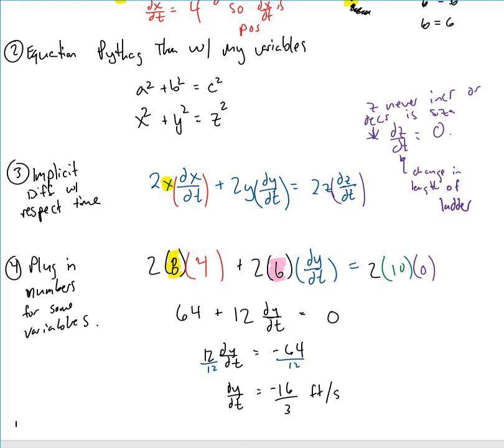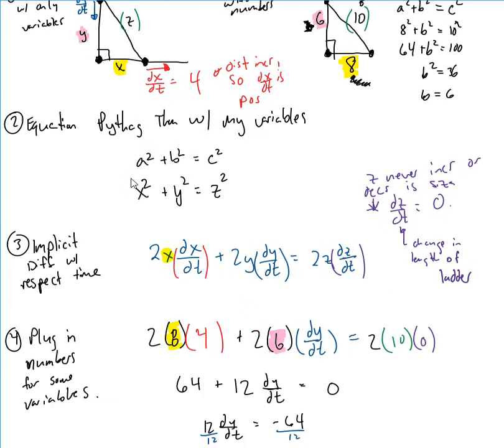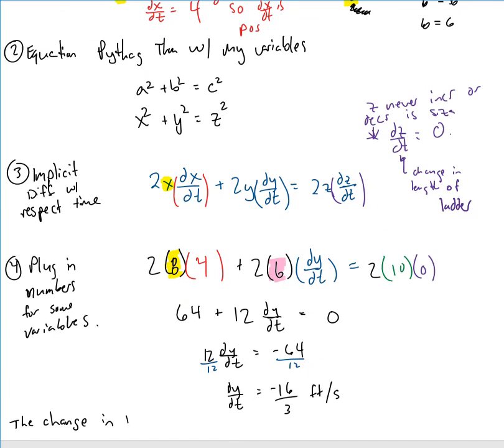So we have the change in y, we could say the vertical length. So the change in the vertical length is, I'm going to keep it as a fraction, with the negative, is decreasing at 16 thirds feet per second.